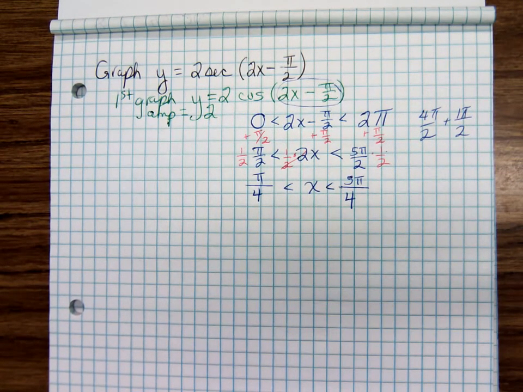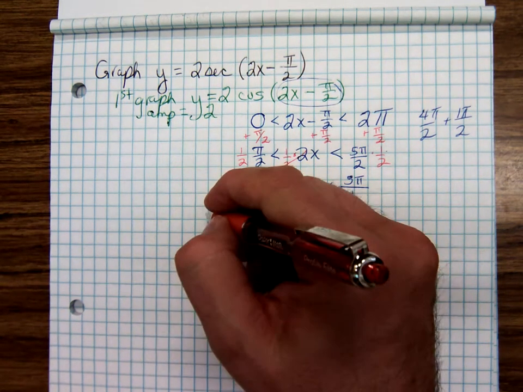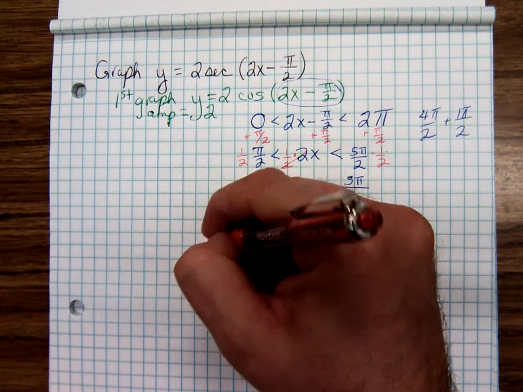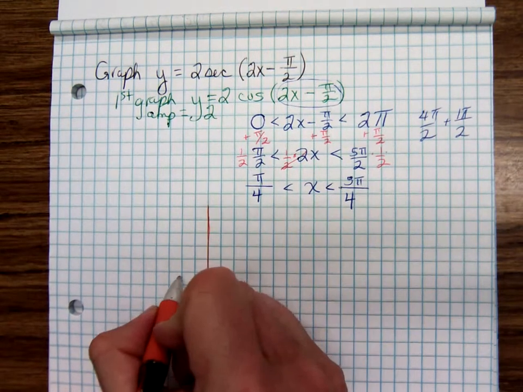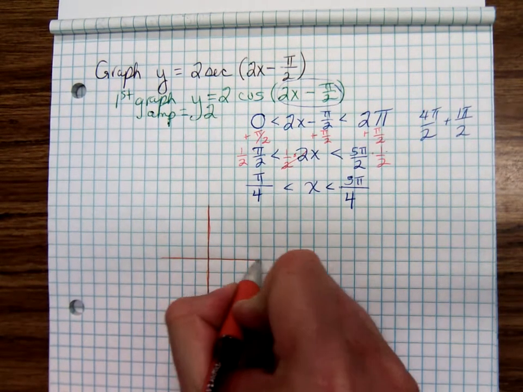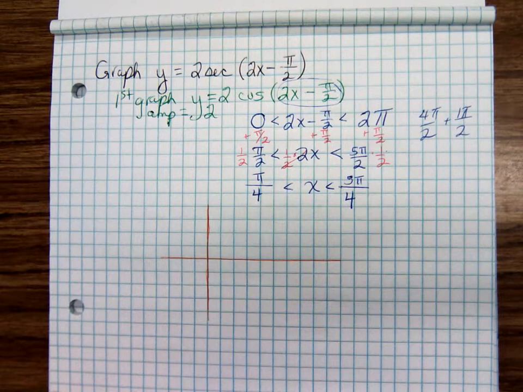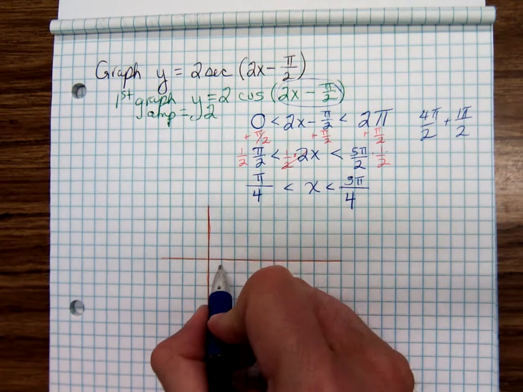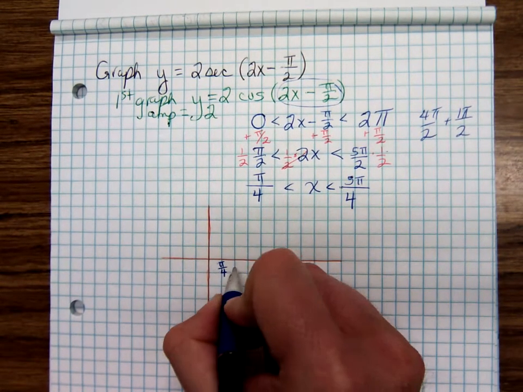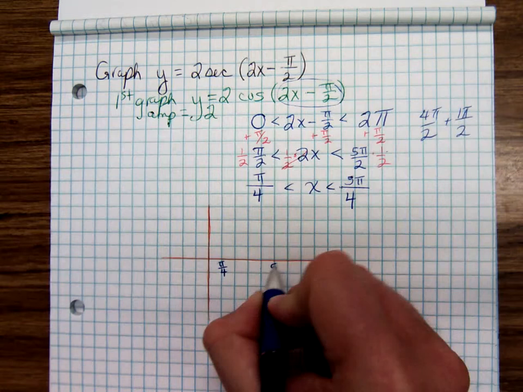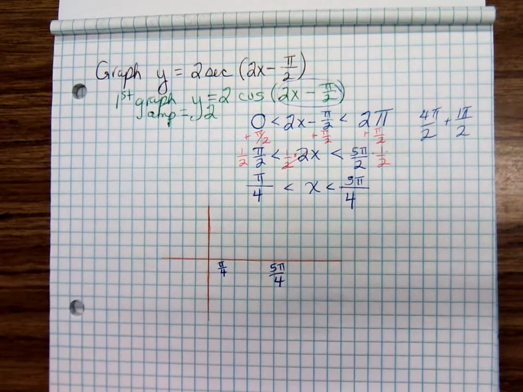So this graph, graphing y equals 2 cosine of all of that. And I guess it's just tailor-made for me to use one little block as pi over 4. So 1, 2, 3, 4, 5 pi over 4.